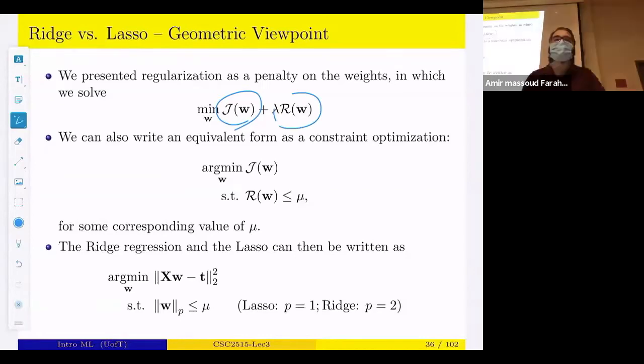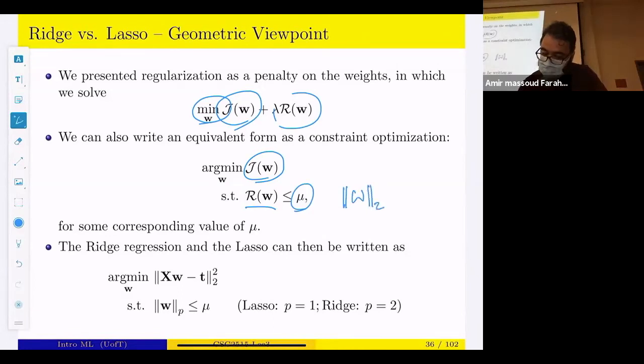But equivalently, we can write it as a constrained optimization problem. Instead of minimizing this, we minimize G of W with the constraint that the regularizer is smaller than some mu. For example, L2 norm should be smaller than 10. That would be equivalent with some specific choice of mu, so there is a correspondence between the choice of mu and the choice of lambda.